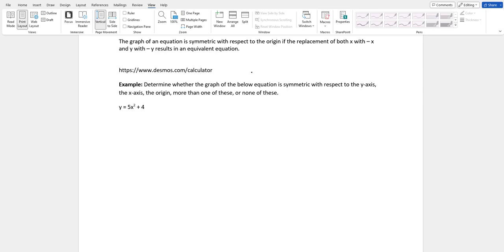I'm going to divide everything by negative 1, and I get y = -5x squared minus 4. This is not equivalent to my original equation of y is equal to 5x squared plus 4. So it's not equal to this, and since it's not equal, this is not symmetric about the x-axis.